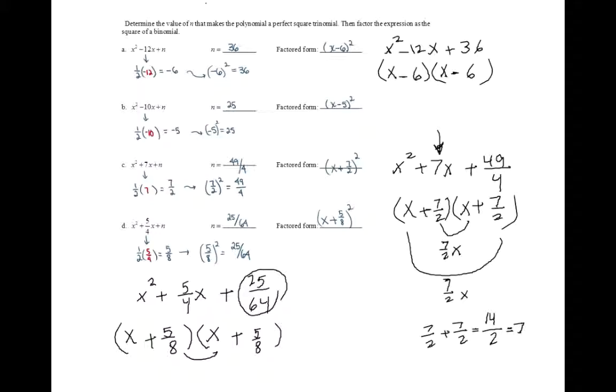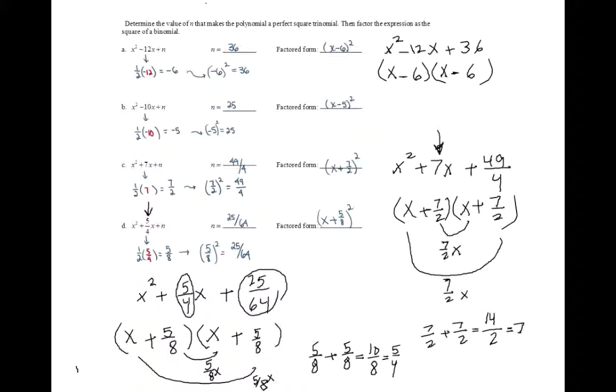Now, what is 5/8 plus 5/8? 5/8 x here. You have 5/8 x here. If I add 5/8 plus 5/8, 5 plus 5 is equal to what? 10/8. If I reduce this, what do I get? 5/4. That's exactly what I wanted. Right there. It was 5/4.